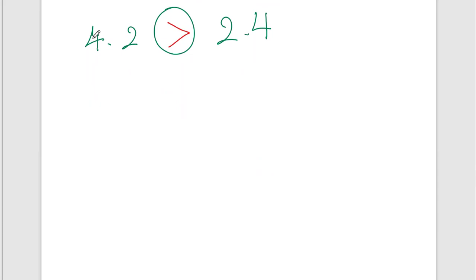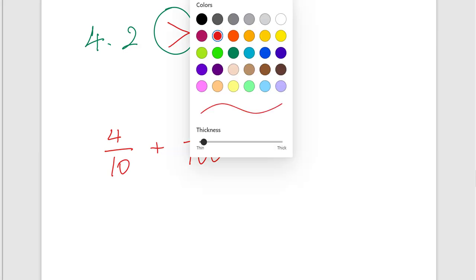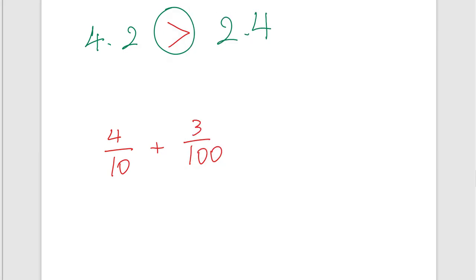And the last thing, my heroes, we need to add, and for addition, we will add like 4/10 plus 3/100. For this question here, we will make them the same denominator. So I will add 0 here by multiplying 4/10 by 10/10.